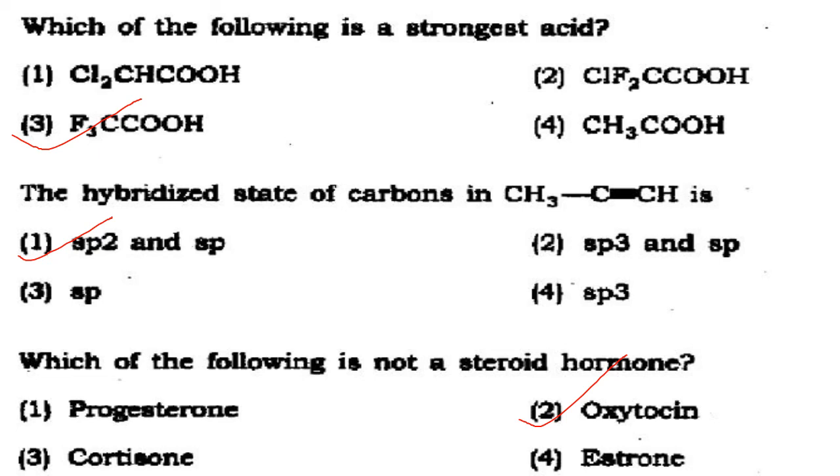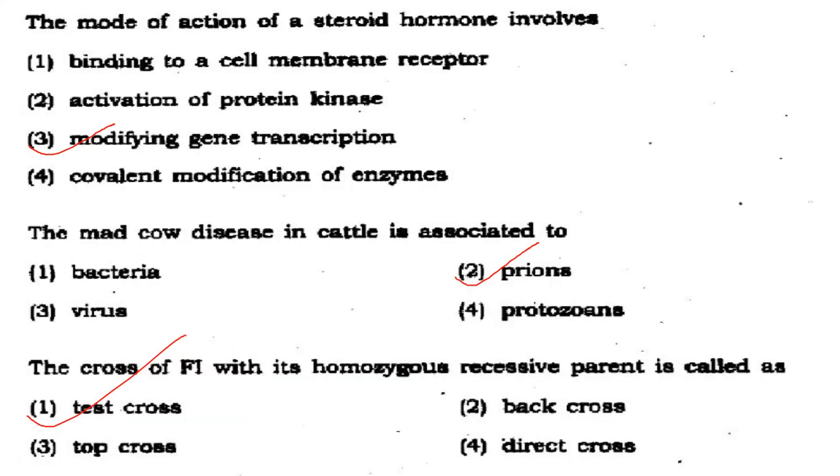Which of the following is not a steroid hormone? Progesterone, oxytocin, cortisone, estrogen. Answer is oxytocin. The mode of action of steroid hormones involves binding to a cell membrane receptor, activation of protein kinase, modifying gene transcription, covalent modification of enzymes. Answer is modifying gene transcription.